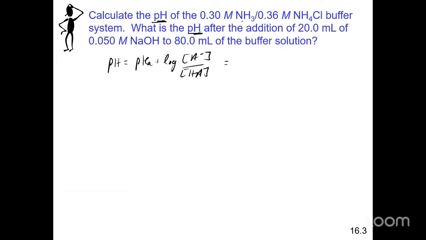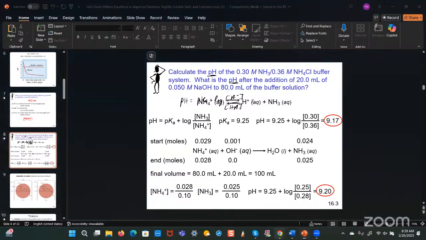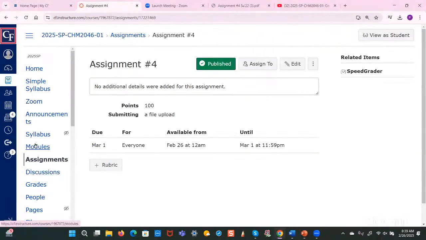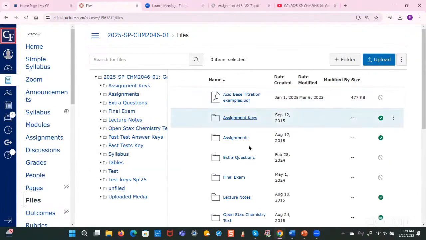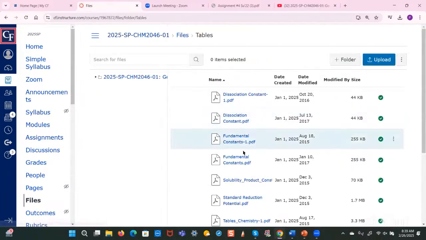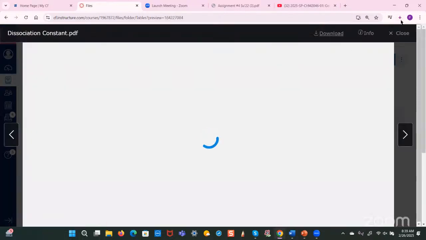Now, we'd have to go to the tables to find, okay, I'm not sure about this. So let me consult the tables, because you'll have access to the tables to determine the pKa. So let me go there, tables. Okay, so this is the table that you'll consult.